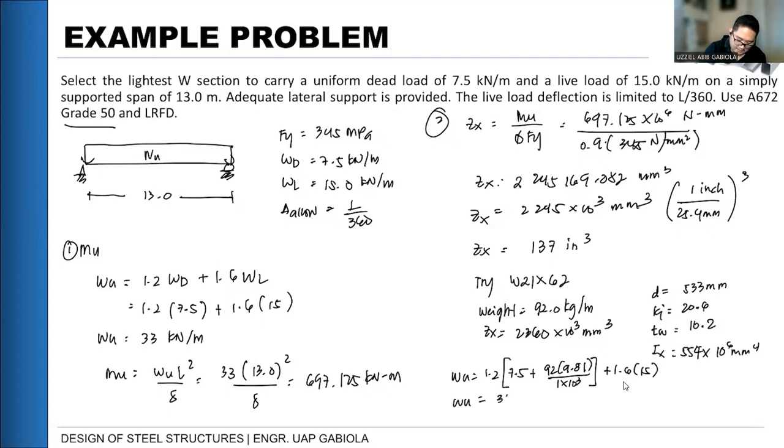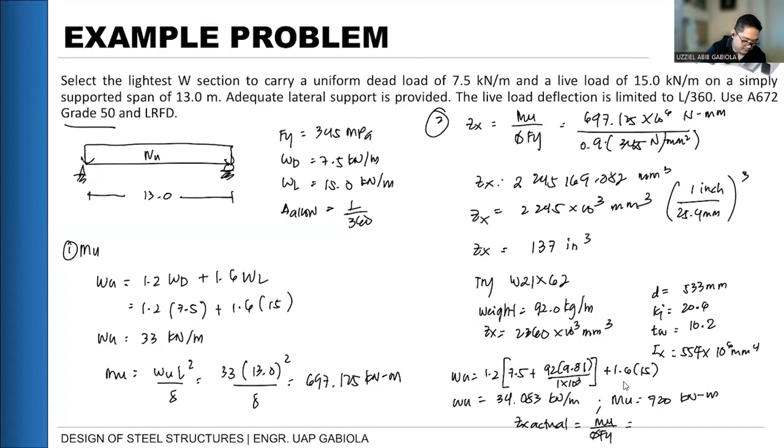So yung WU natin is 34.083 kilonewton per meter. So yung MU natin will be equals to WU times L squared natin na 13 over 8. So that is 720 kilonewton meter.